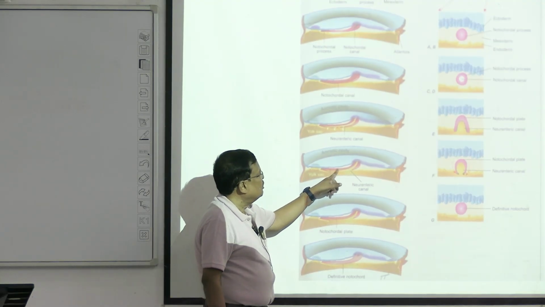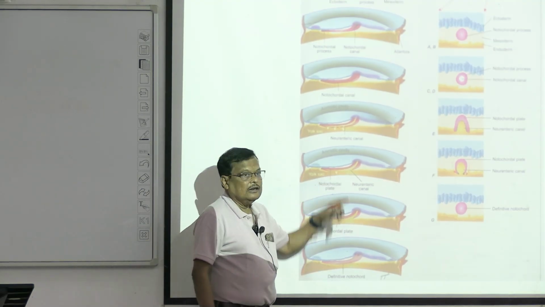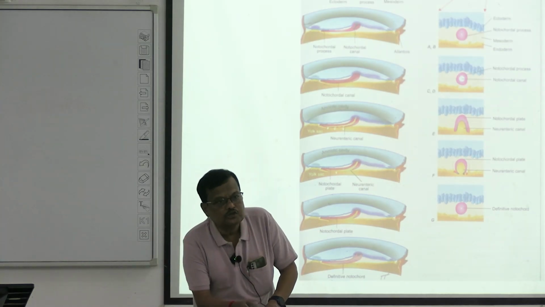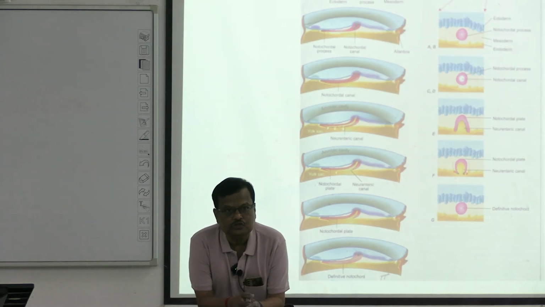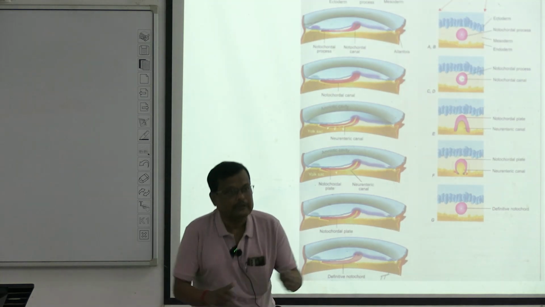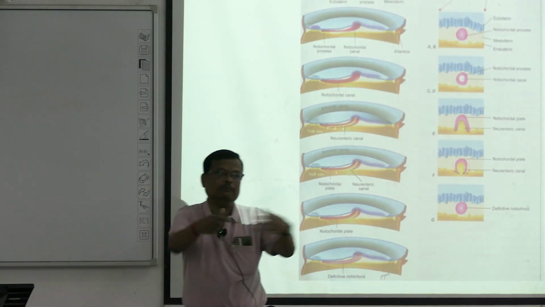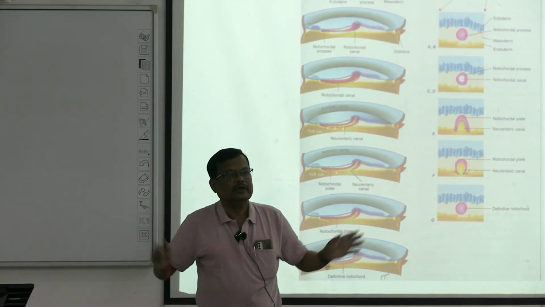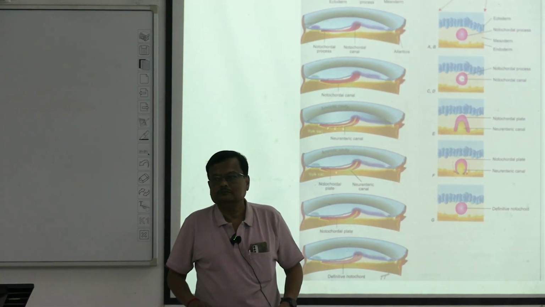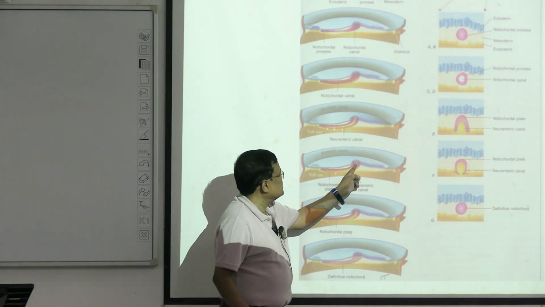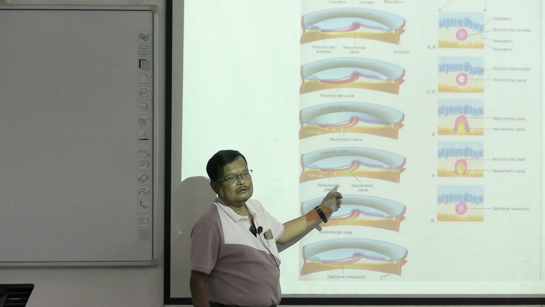Floor of this neuroenteric canal, cells of the neuroenteric canal which is situated at the floor of the neuroenteric canal along with the endodermal cell disappear. ওটাও ভ্যানিশ হয়ে গেল। So that amniotic fluid is now connected with the yolk sac fluid.